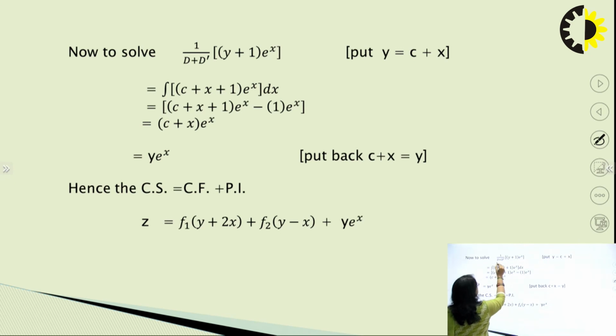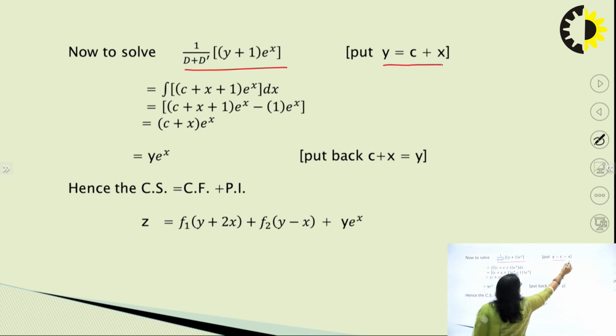So this factor I am solving. This, as I discussed, y is being replaced with c + x. So this y is replaced with (c + x + 1) e^x. Again we take the integration of this entire function.